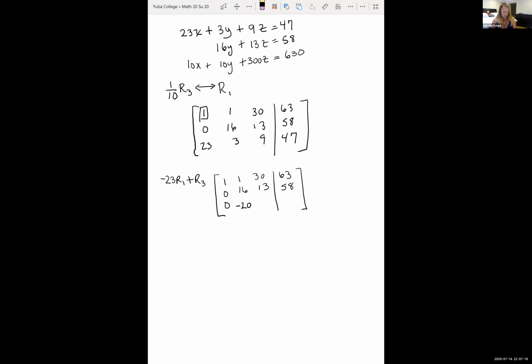Negative 23 times 30. Ooh, let's see. Plus 9 is negative 681. Negative 23 times 63 plus the 47 down below.